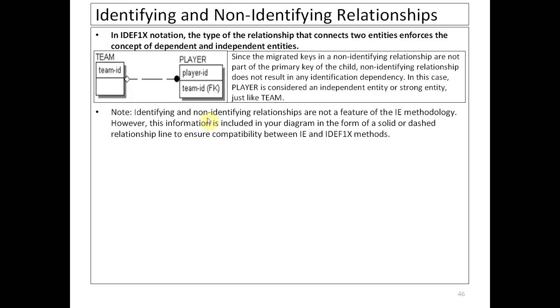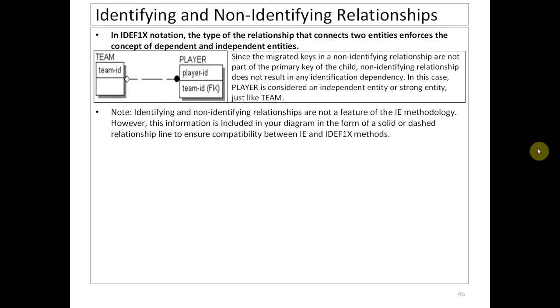Note, identifying and non-identifying relationships are not a feature of the IE methodology. However, this information is included in your diagram in the form of solid or dashed relationship lines to ensure compatibility between IE and IDEF1X methods. So IE, in short, does not support identifying and non-identifying relationship in its true sense.